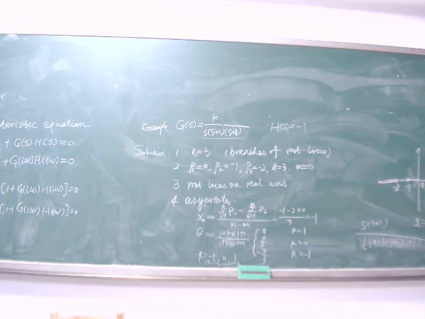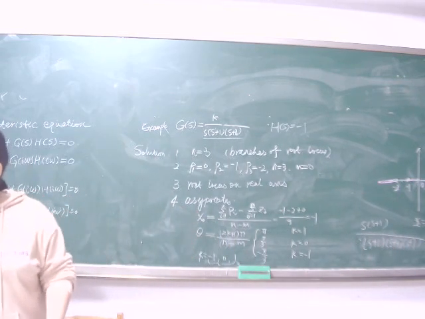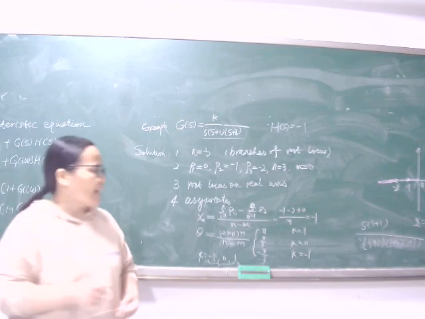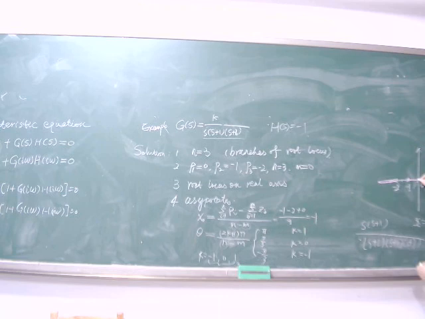So we can see these asymptotes of this example include 3 straight lines. One is this asymptote, this angle is pi by 3.